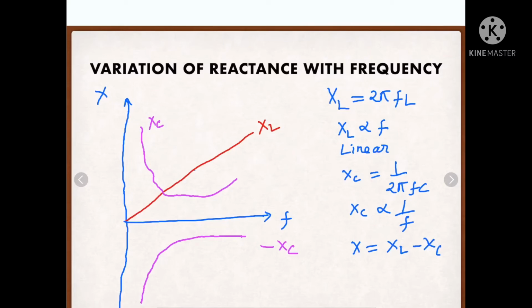It will look almost like this. This point is nothing but F0, that is your resonant frequency. So this is how it's going to vary. About this part, it should go almost parallel with this. It should not intersect this. I'm bad at drawing, kindly bear with that.